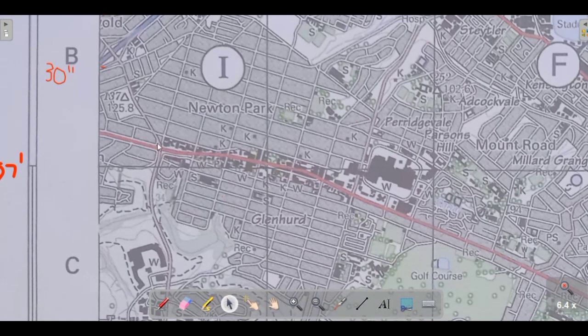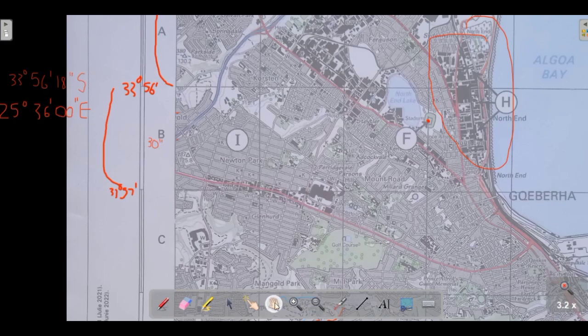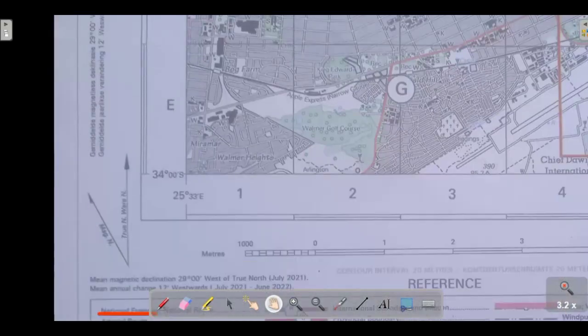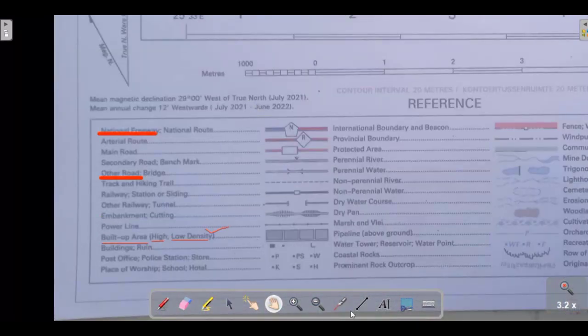There's this gray line here. Should be a different road, and I don't know if this is red or green. Okay, so that should be national road, secondary road, and I think arterial route.